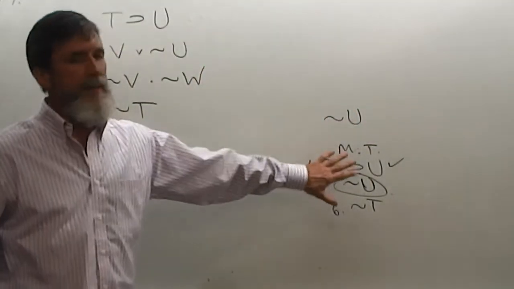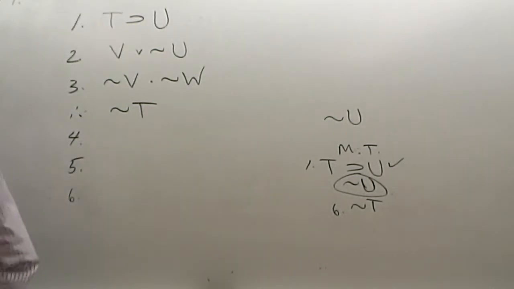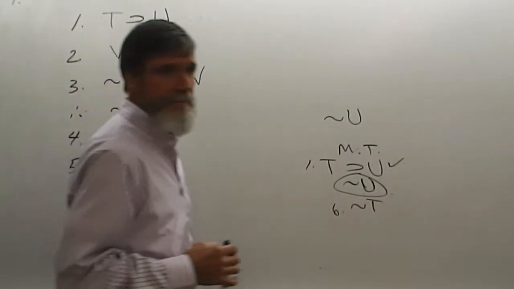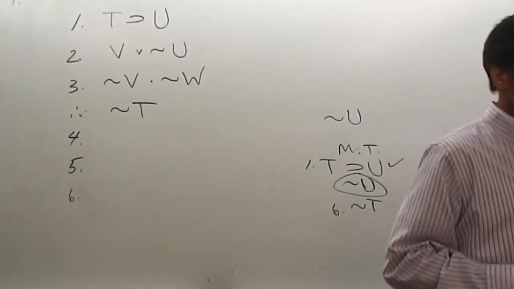See, so prior to that last step occurring, we have to somehow get curl U. Well, curl U exists here in line 2. What do you think? Is there any way curl U might come out of line 2 as the right-hand disjunct of a wedge? You think so? By what rule?